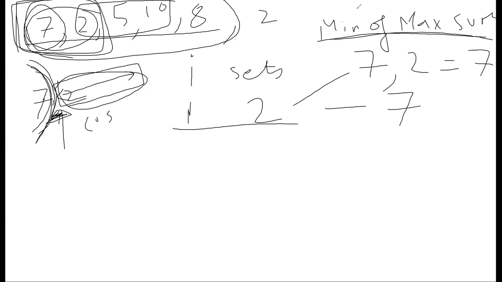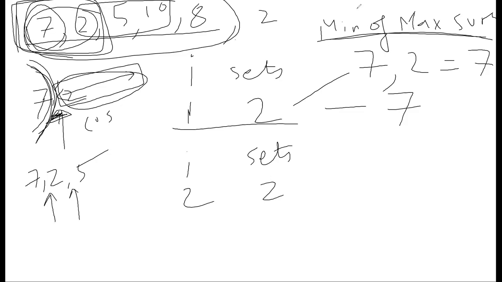Okay. Now let's take the next example, like 7, 2, and 5. Now i equal to 2 and the sets we have to create is 2. In this case, you can see we can split it here and we can split it here, right? Let's take the first split.